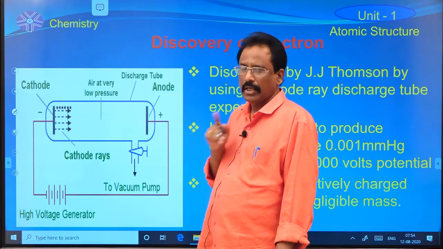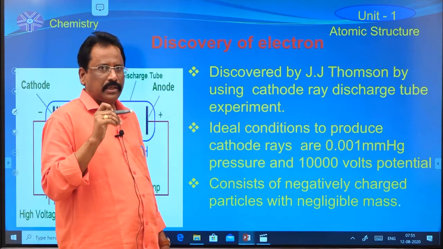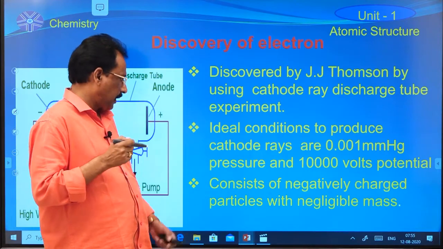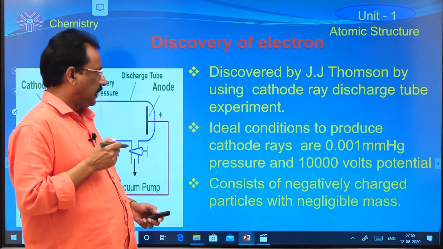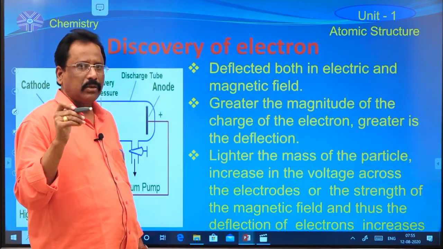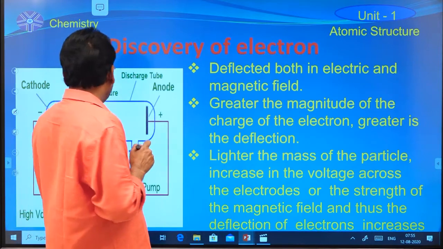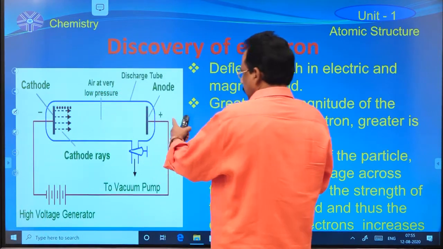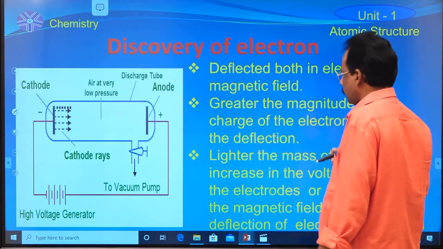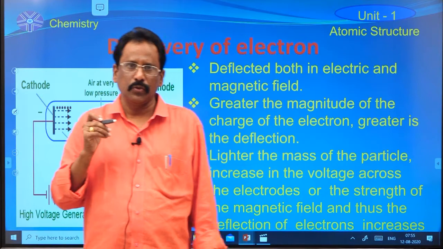That's why, according to J.J. Thomson, when a gas is subjected to electrical discharge at very low pressure and high voltage, cathode rays are produced. According to him, cathode rays consist of negatively charged particles. That's why these rays move towards the anode while doing the experiment by J.J. Thomson with the help of the discharge tube.